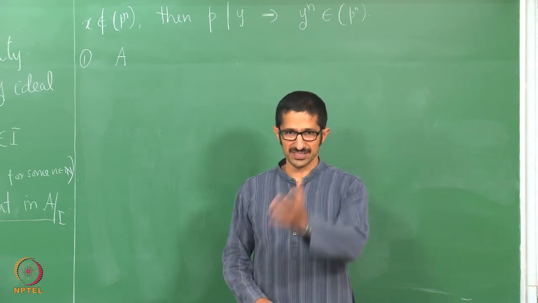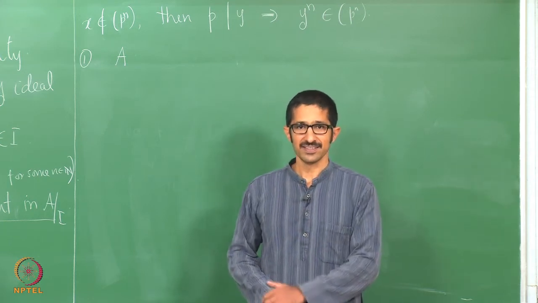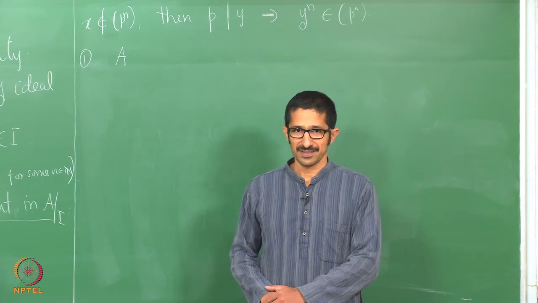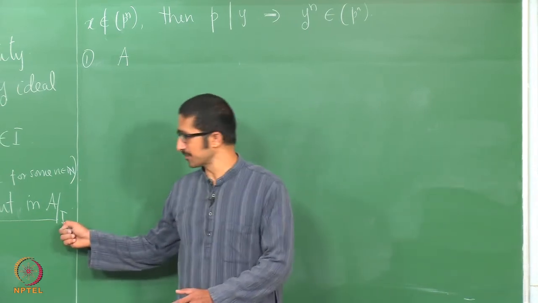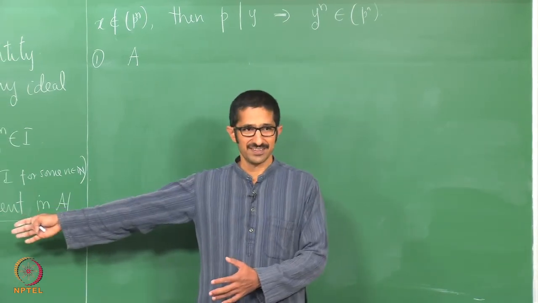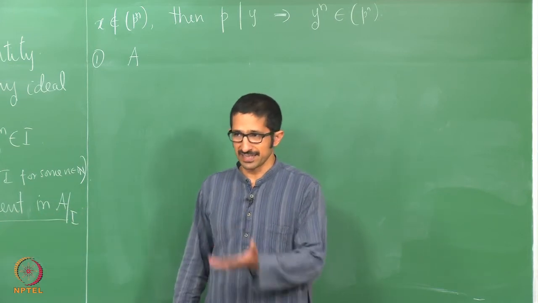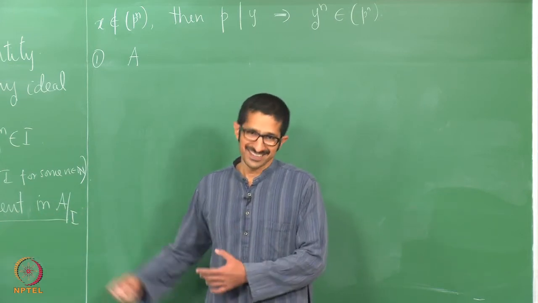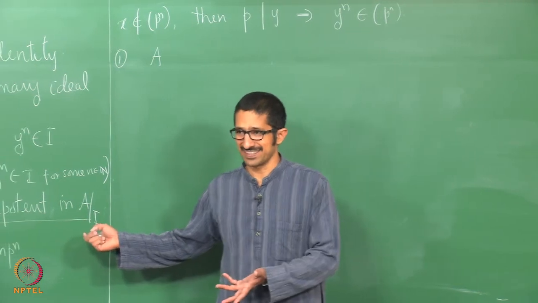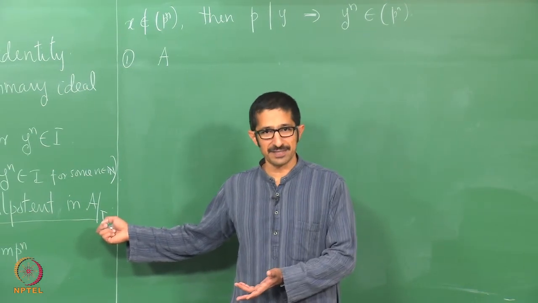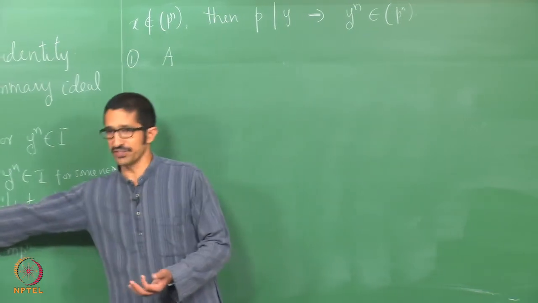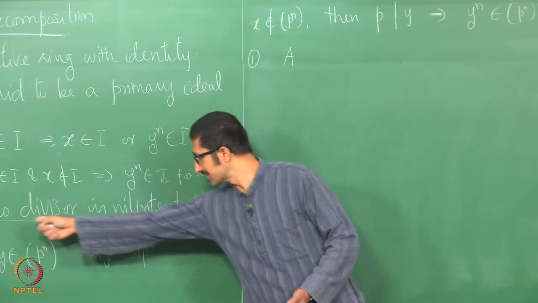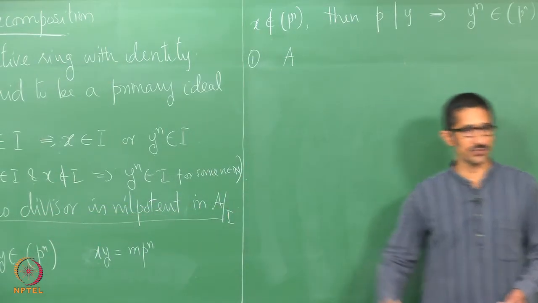Yeah, it is true. If the ideal is maximal, or slightly more general, if it is a prime ideal, right? If the ideal is prime, then there are no non-zero zero divisors. So this is vacuously true.